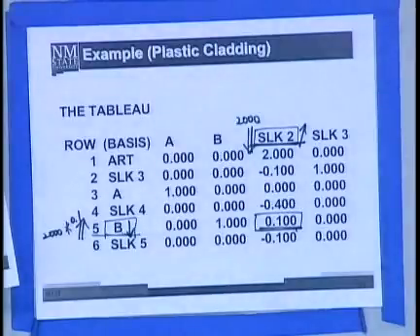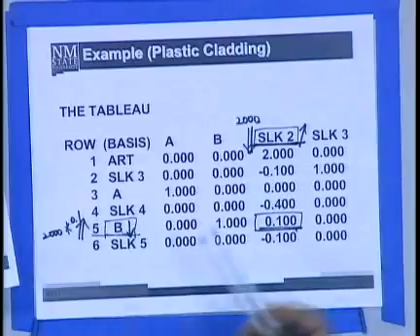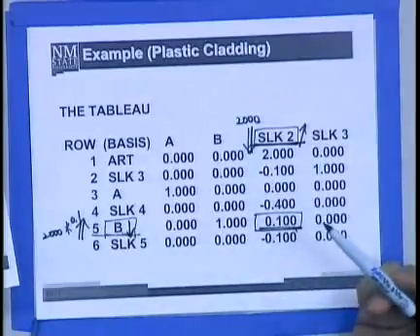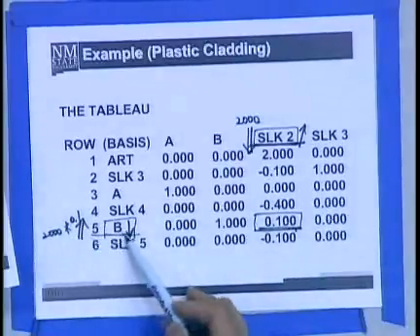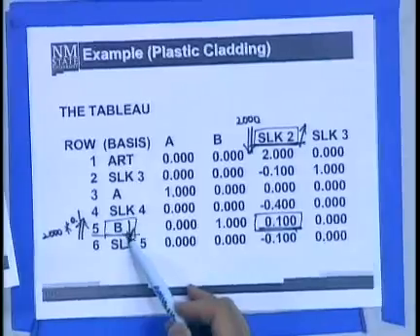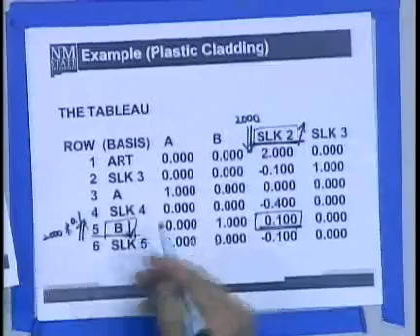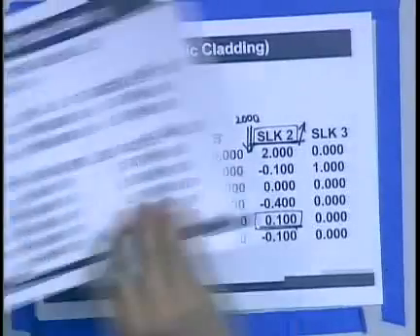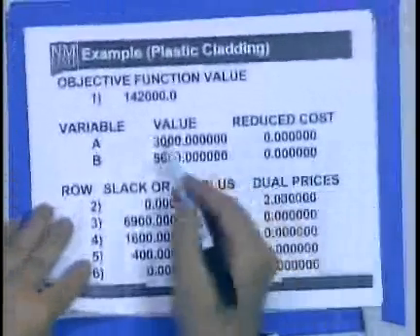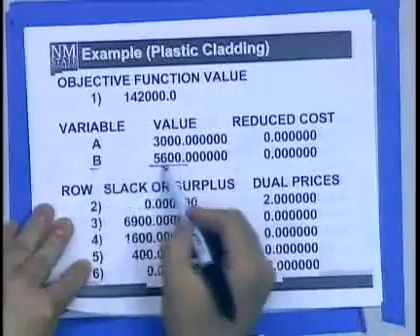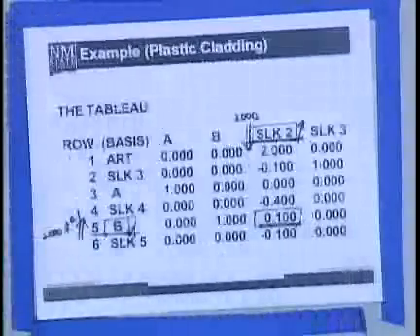So if the company purchased 2,000 pounds of additional polyamine, the total amount of bakelite delivered would be the optimal solution. B is 5600, right?